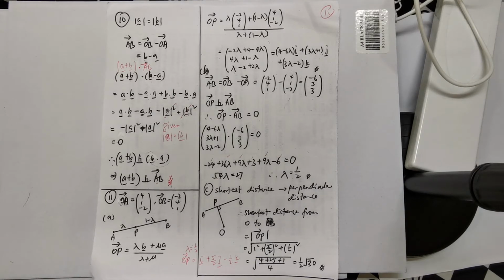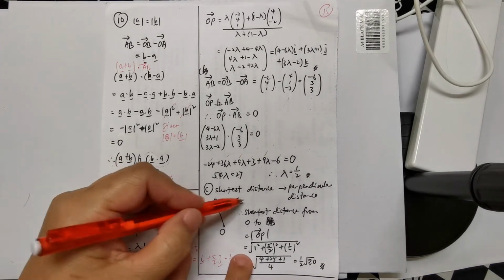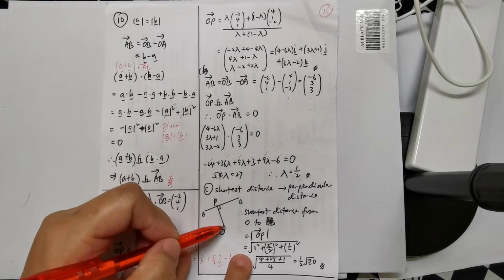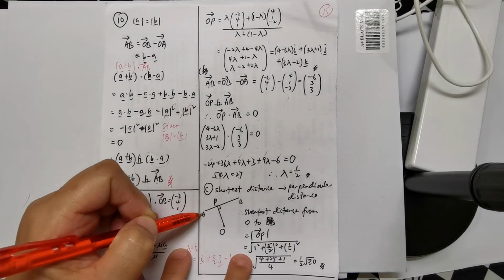Okay, C, shortest distance. So in chapter 5, you have learned the concept of shortest distance, right? Shortest distance is the perpendicular distance. Alright, so let's say this is AB. The question says shortest distance from O to AB.